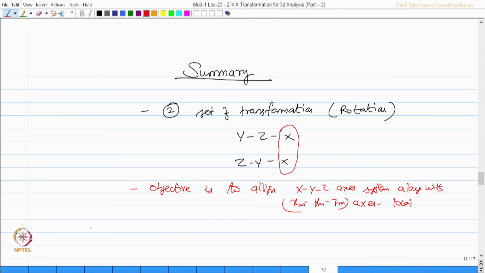So, we need two issues, one is the direction cosine, which can be computed from the angle of rotation. Second is the psi angle, whether it will be psi y or psi z, depending upon whether we do y z x transformation or z y x transformation.